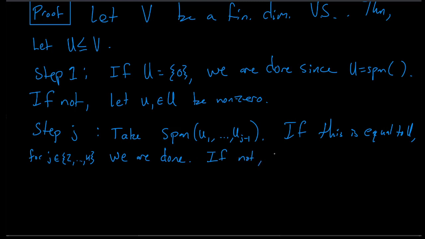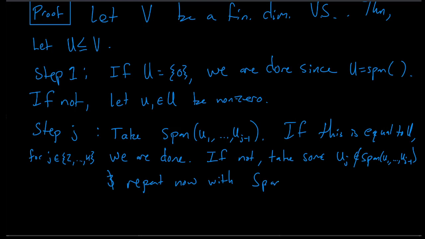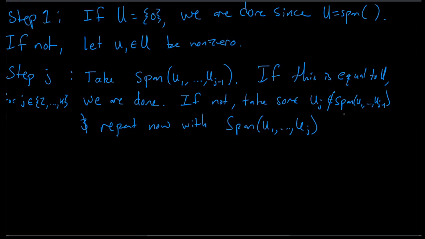If not, take some uj not in the span of u1 up through u j minus 1, and repeat, now with the span of u1 up through uj as the next step.